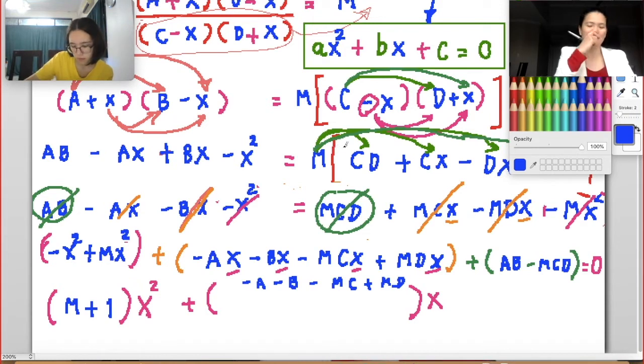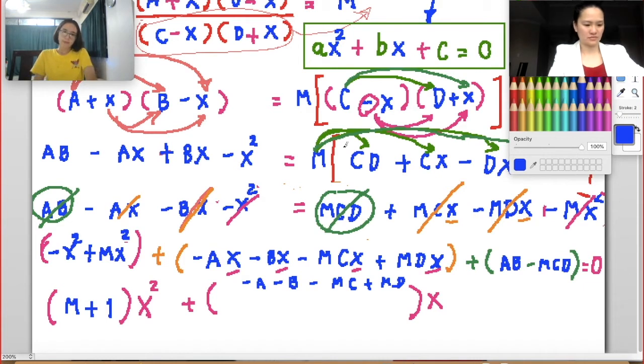Let me double check everything again. So b plus bx minus x mcd plus mcx minus m, minus mcx minus ax.